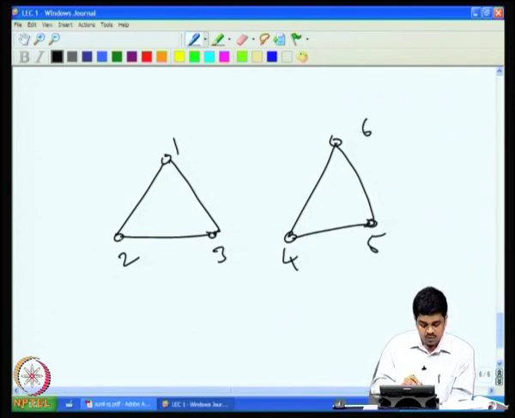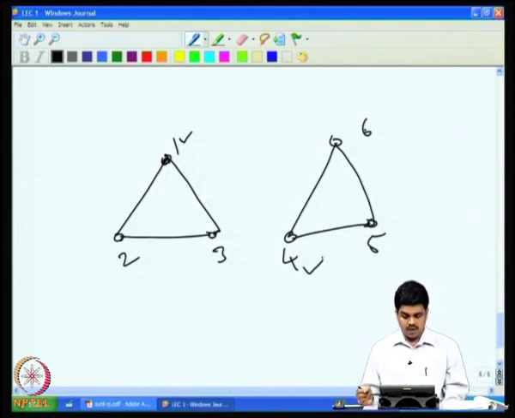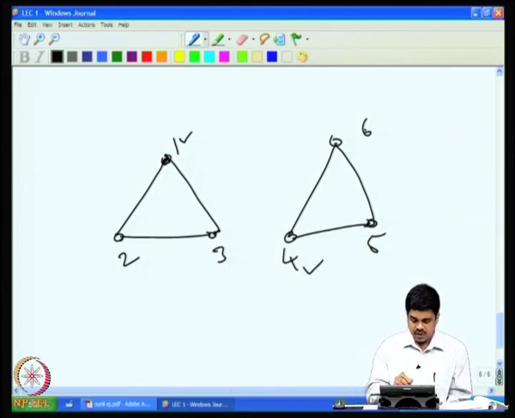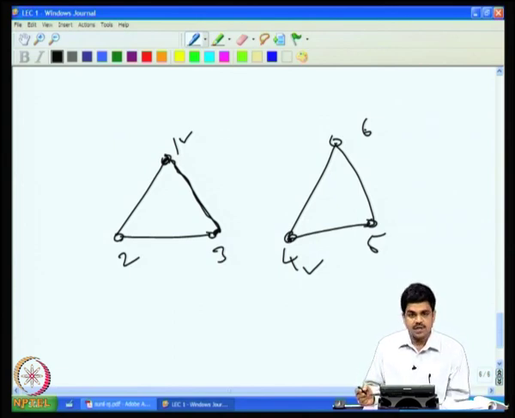Between 1 and 2 there is a path, between 4 and 6 there is a path, but suppose I consider the vertex 1 and the vertex 4, then I do not see any path. Path means if I start from here and follow an edge, I cannot reach here. So, this is a disconnected graph.